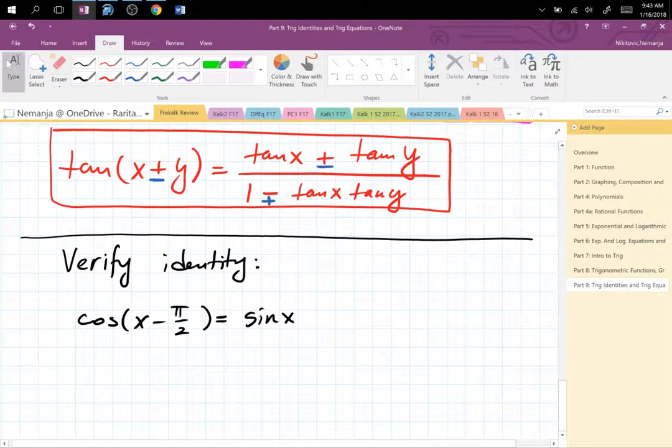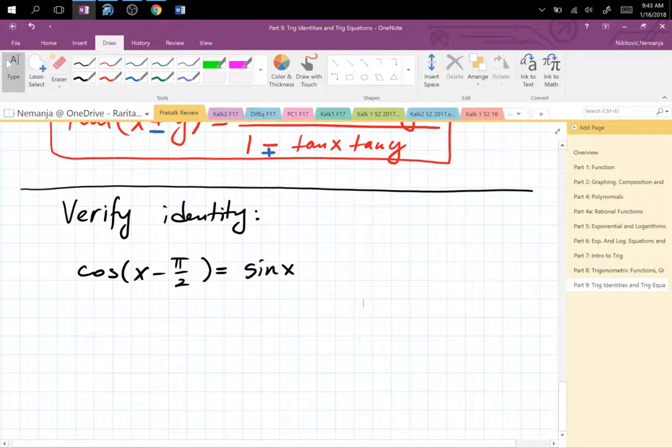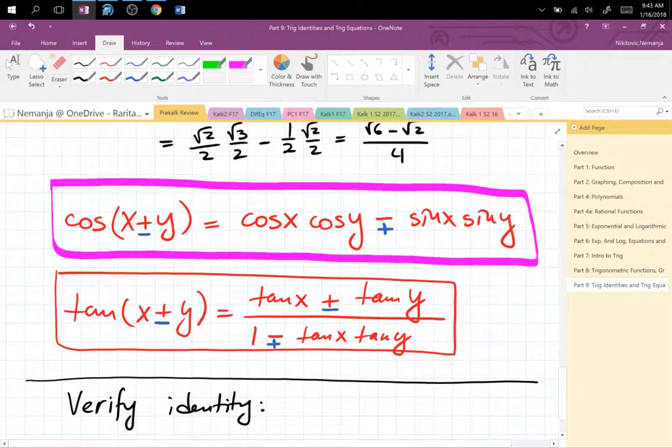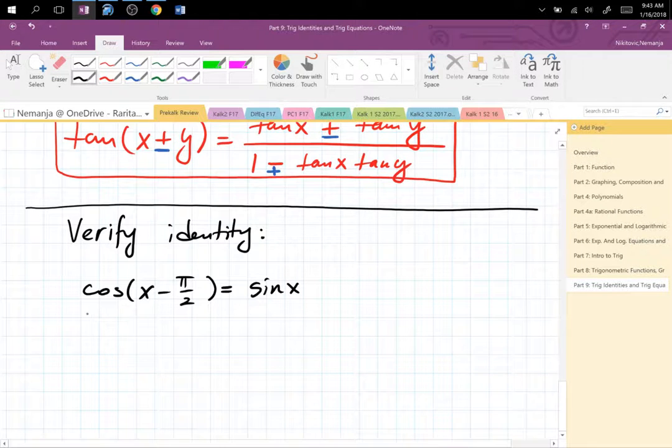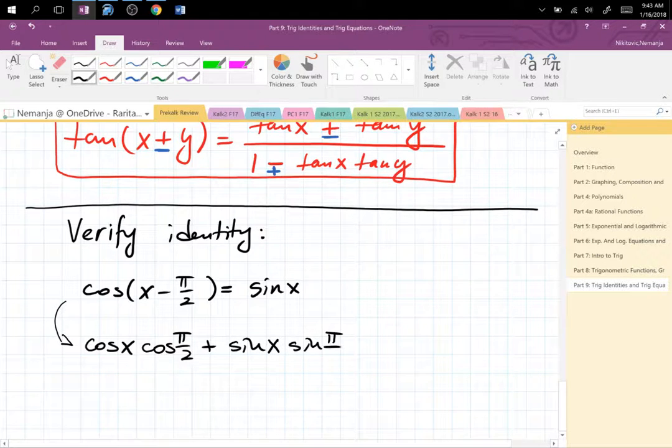But let's try and solve this using our identities. We are going to use the cosine formula. The left-hand side is cosine of both: cosine of x, cosine of pi over 2, and then we change the sign, and sine of both, sine x and sine pi over 2, and that should be equal to sine x.